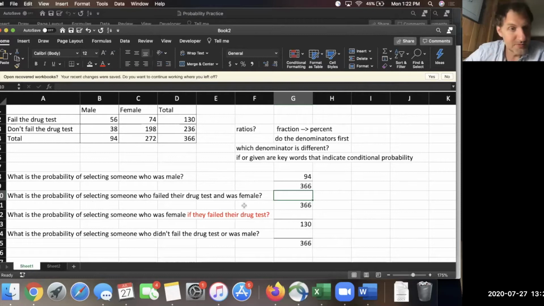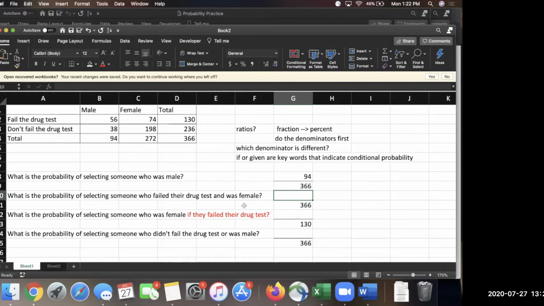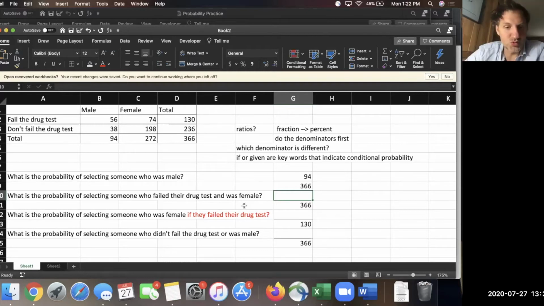Almost. That's closer. Emily, I think you confused the or and started bringing multiple groups in, but this is just one group of people. There's a number on the board that represents this. 270. No, I don't want all the females. I just want the females who failed their drug tests. Is it 204? Nope, it's 74.